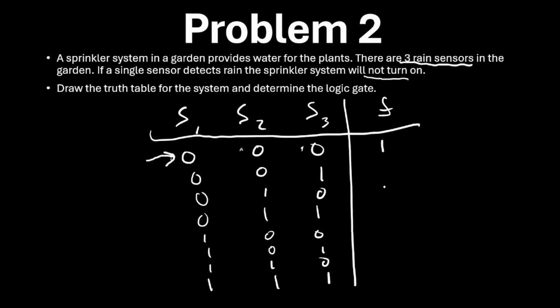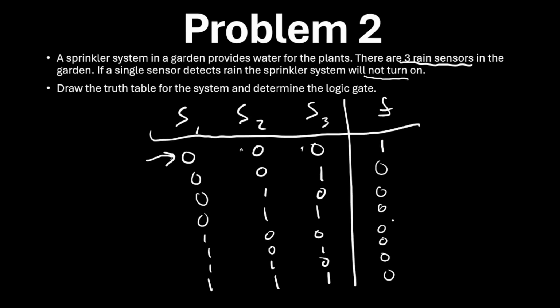And from there on, if any one of them detects rain, then our sprinkler system is off. And you can see, just looking down this, at least one of them is on for every other row. So that's what we end up with.